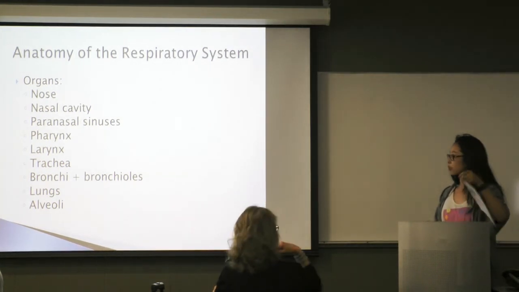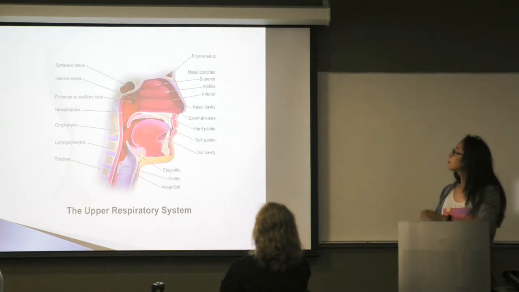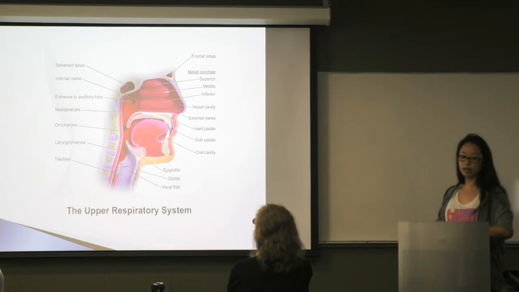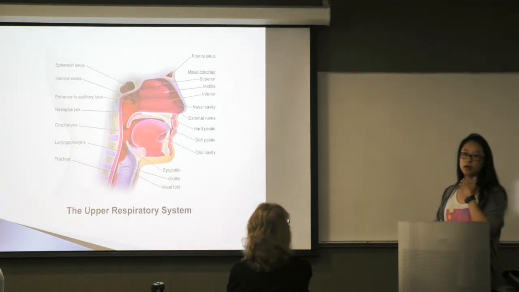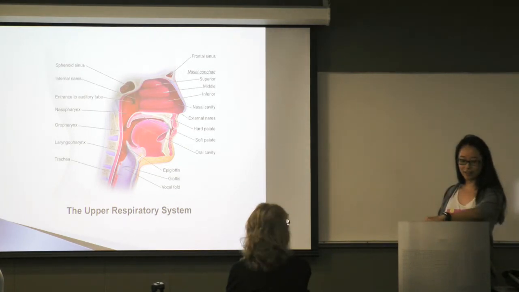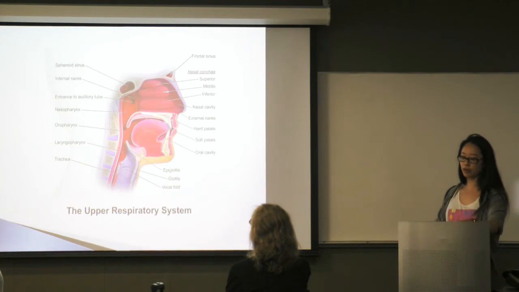I have a little picture. The pharynx is the throat. It is the passageway for both food and air. And as you may know, when we swallow, the epiglottis folds down, so it doesn't go through the wrong way. And then the trachea is the windpipe. That's where the air will flow.